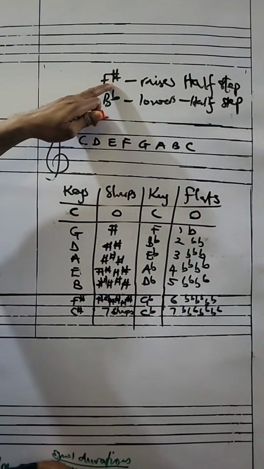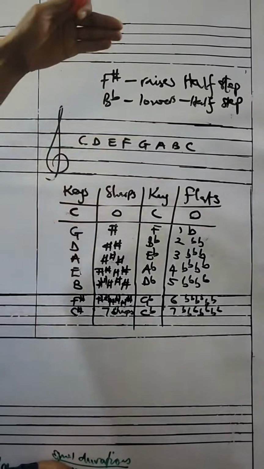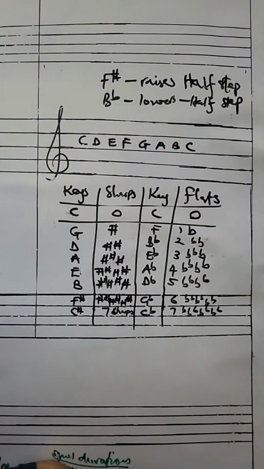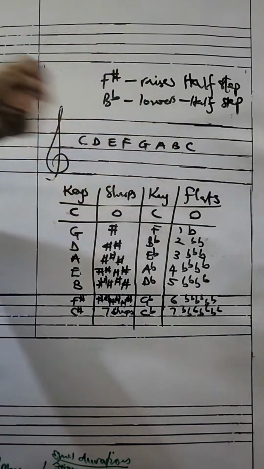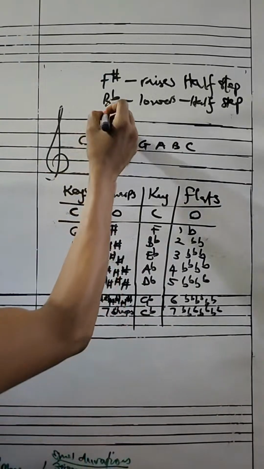So what does a sharp do? A sharp raises the note. What does a flat do? A flat lowers a note. Accidentals, they are these sharps and flats, and we have another one, the last one, which is called your natural.